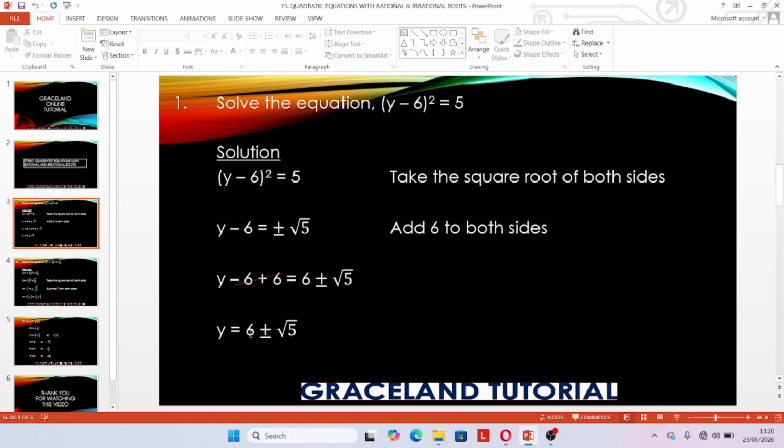So y is equal to 6 plus or minus the root of 5, since −6 + 6 gives 0. We cannot go ahead to find the root of 5 because it has a non-terminating decimal, so we leave the solution like this. The answer is y = 6 ± √5.